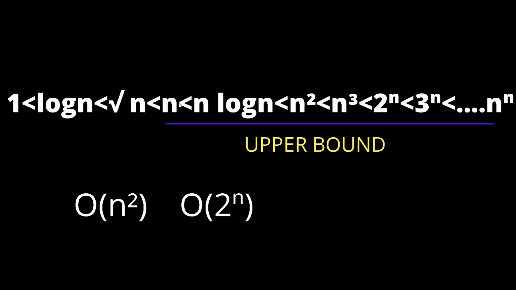See, it is very simple. For example, a guy wrote a program in big O of n and another guy wrote the program in big O of 2 to the power n. His program takes a lot of time to run and your program executes very fast. Both of your programs are correct. He is also right, you are also right. But his program is a very slow program and your program is a very efficient one.